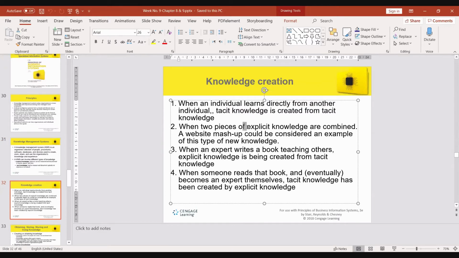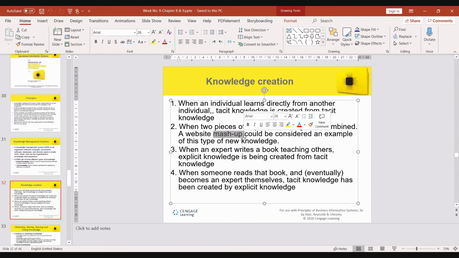So when two pieces of explicit knowledge are combined, a website mashup could be considered as an example of this type of new knowledge. Okay? For example, I'm teaching you, you're learning from me, and then you are teaching someone else. Or, the website mashup. A mashup is a collection of things from different places. You create a website and you take the information from different places.